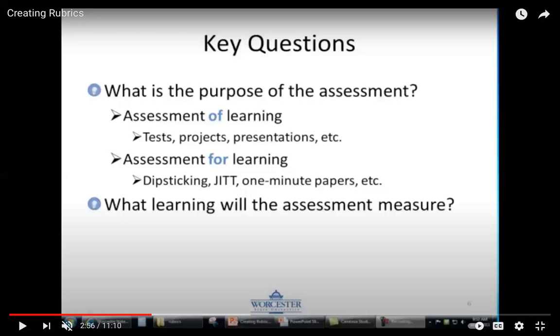I'm going to use a quote from this other book, Assessment in the Language Classroom, that says assessments of learning are used to make statements about a student's learning status at a particular point in time.